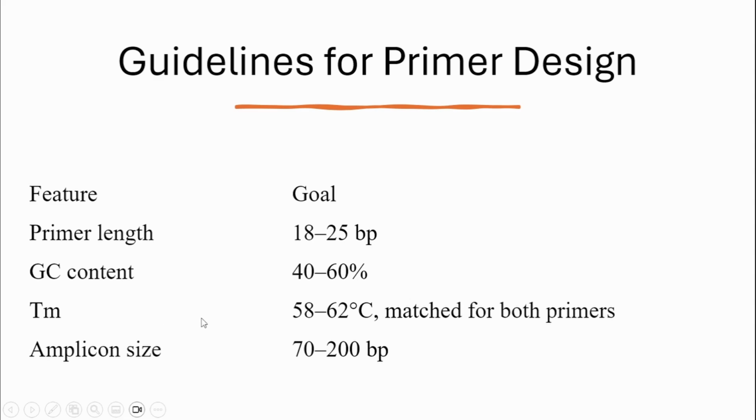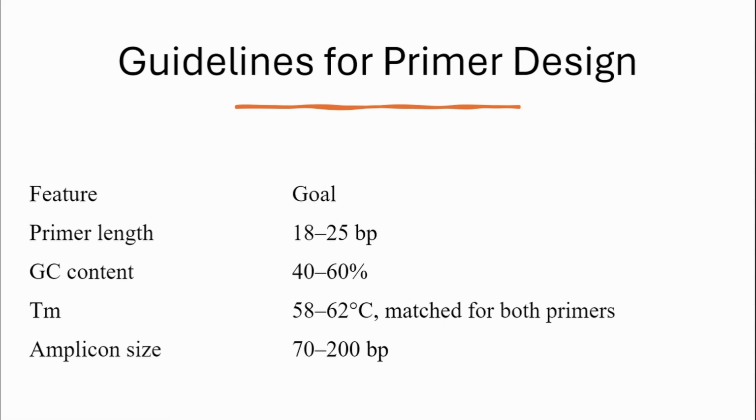Melting temperature ideally is 60, in the range of 58 to 62 degrees. But both primers should have a similar melting temperature, with variation of not more than 1 to 2 degrees. Amplicon size should be 70 to 200 base pairs.